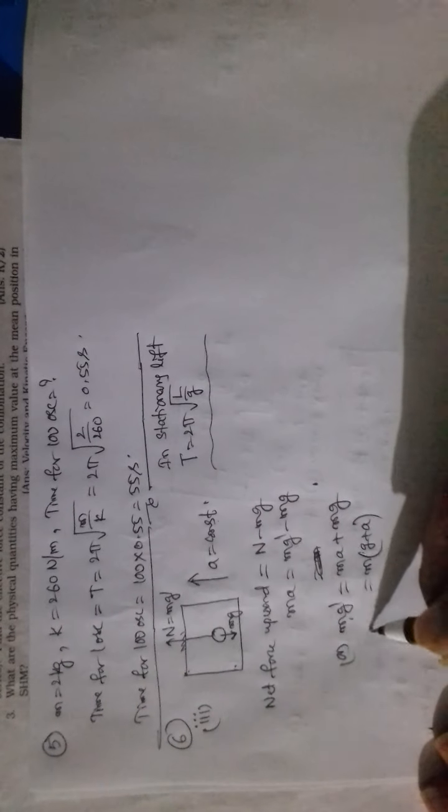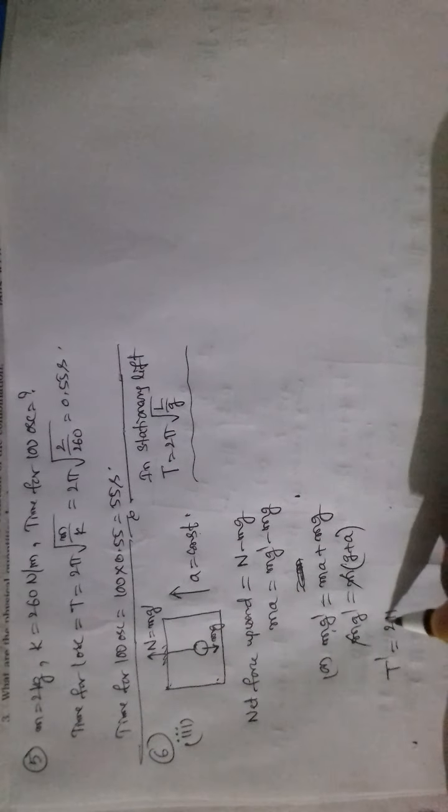Taking m common, making this the subject, mg brought to this side, taking m common, m and m get cancelled, g dash is equal to g plus a.